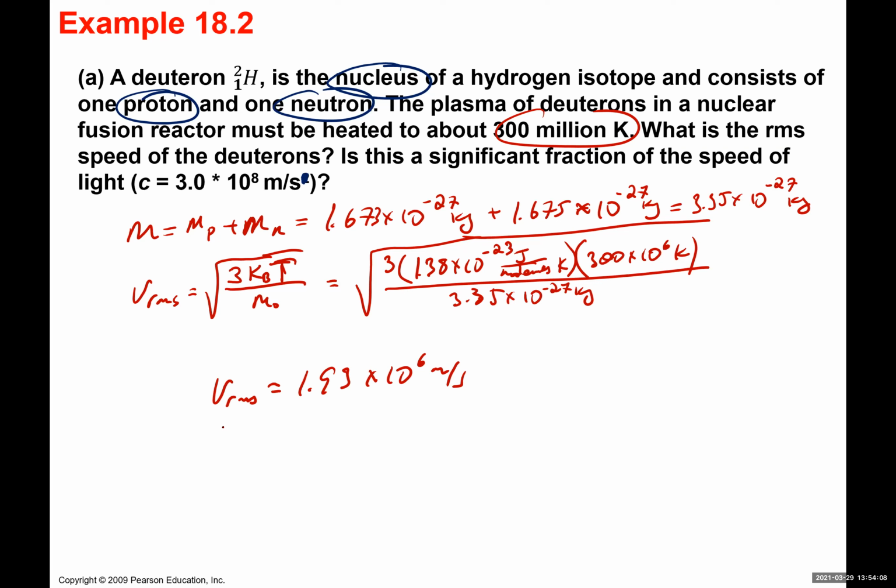So if I do VRMS over c, 3 times 10 to the 8 meter per second, I get 6.43 times 10 to the negative 3. So not quite, right? It's just a fraction. So over 1,000 times, let's say 6,000 times less speed compared to the speed of light.